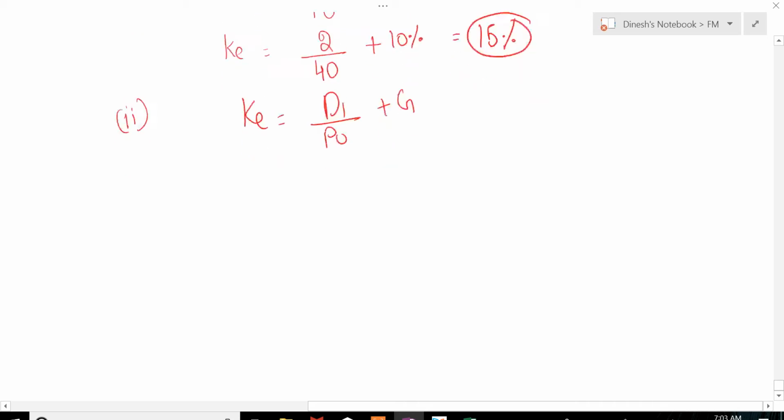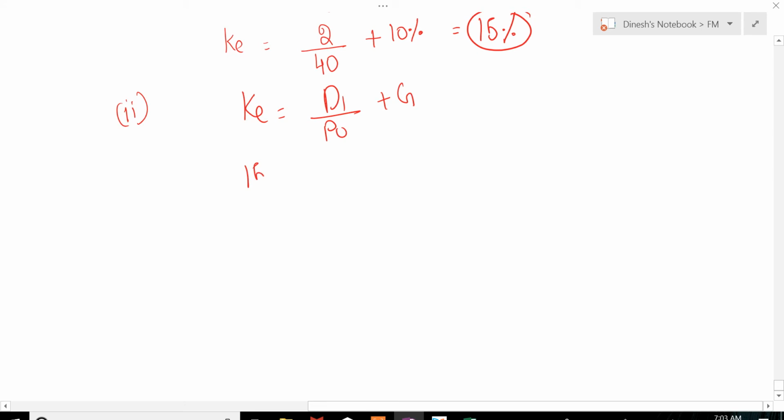K is what? 15% equals 2 by P0 plus 11%. P0 will become a balancing figure.